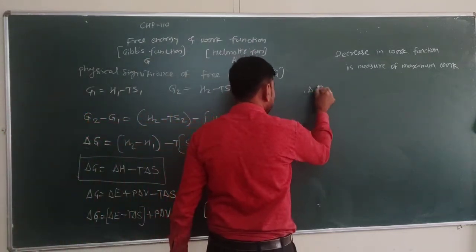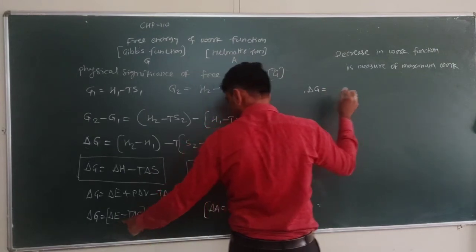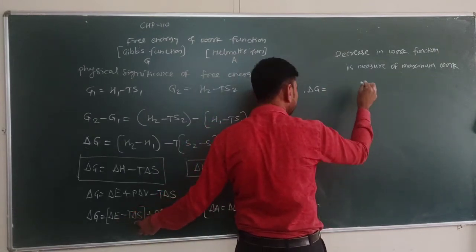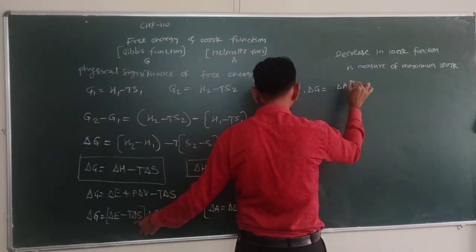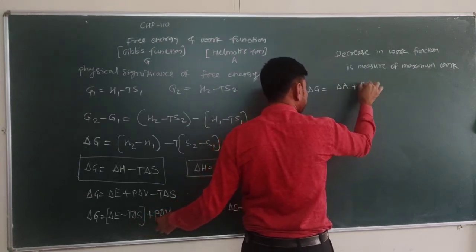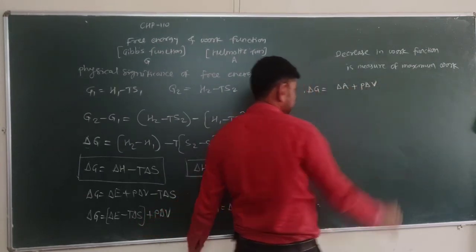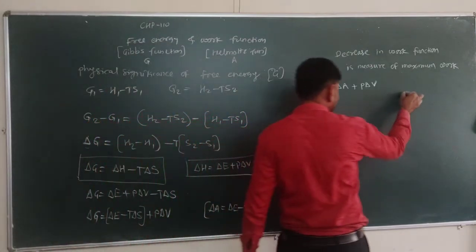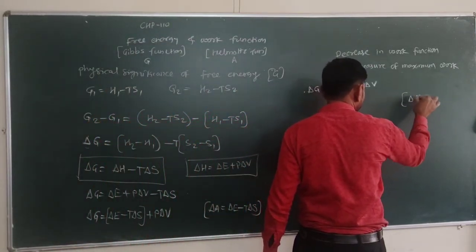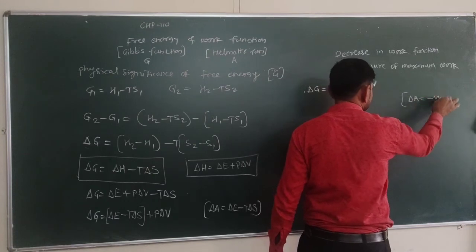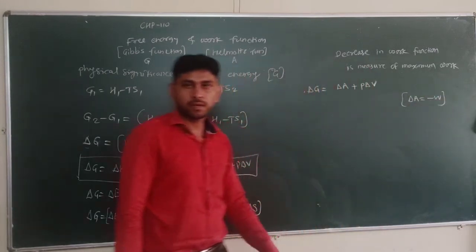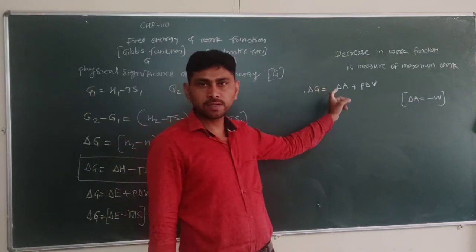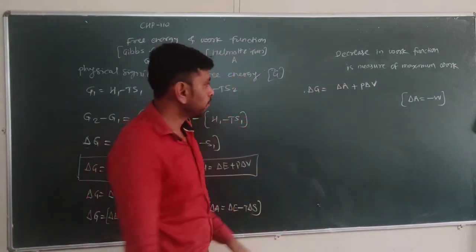So now delta G can be written as delta A plus P delta V. And from the significance of work function, delta A is equal to minus W. The decrease in work function is nothing but the maximum work done.